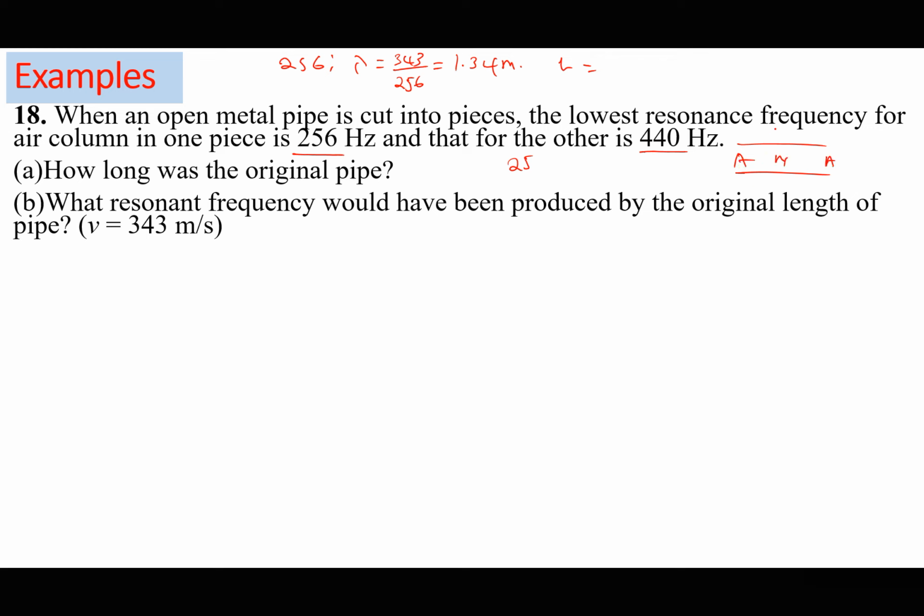So L is equal to the distance between the antinode and antinode, which is half wavelength. So L is 1.34 divided by 2, which is 0.67 meters. Now I will consider a frequency of 440 as the next, remember for an open pipe.